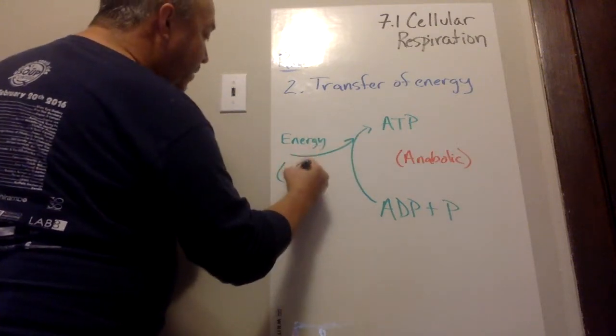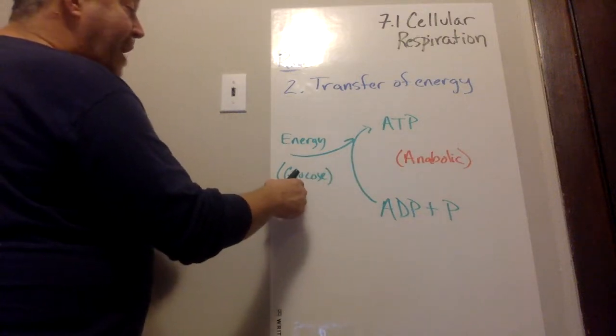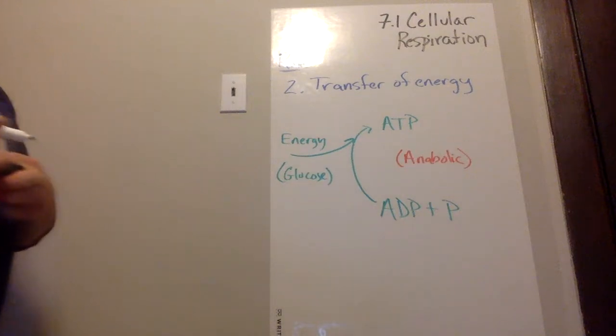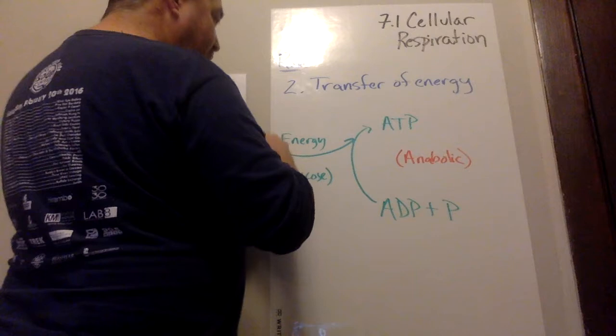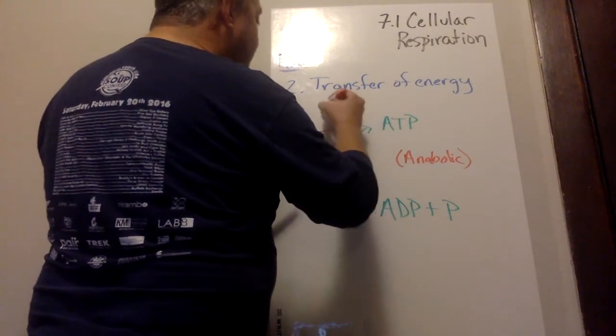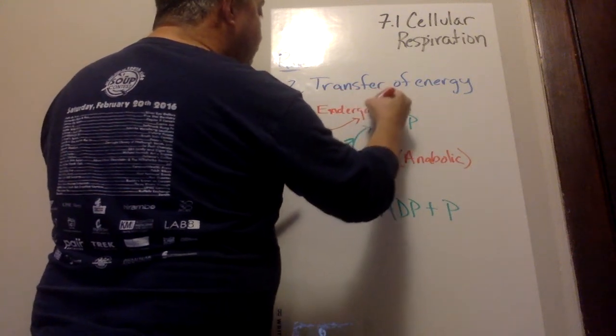Well, that energy is going to come from the glucose. As we break the glucose down and it releases energy, we will then store it back into our ATP. Remember, anytime we store energy into a molecule, because we are storing energy, we go this way. This is also an endergonic reaction.